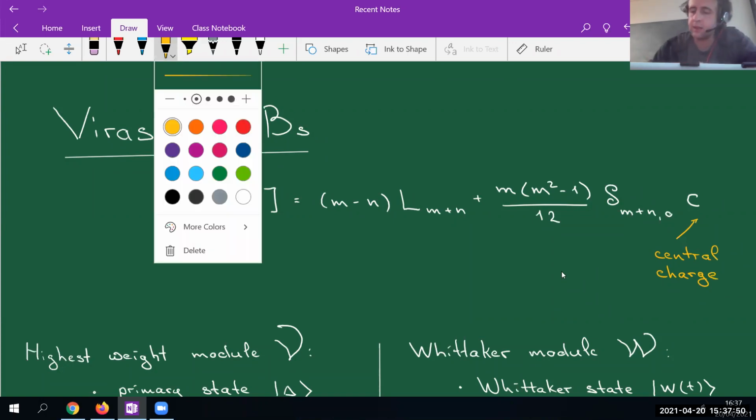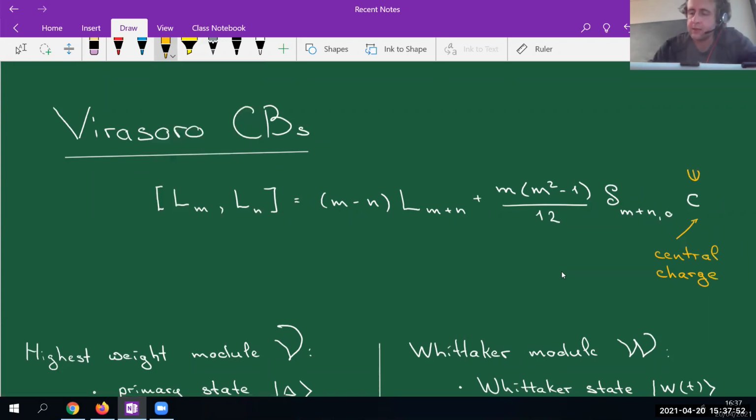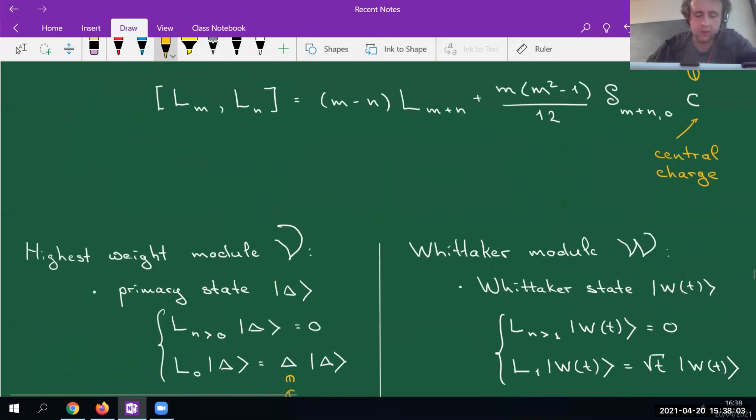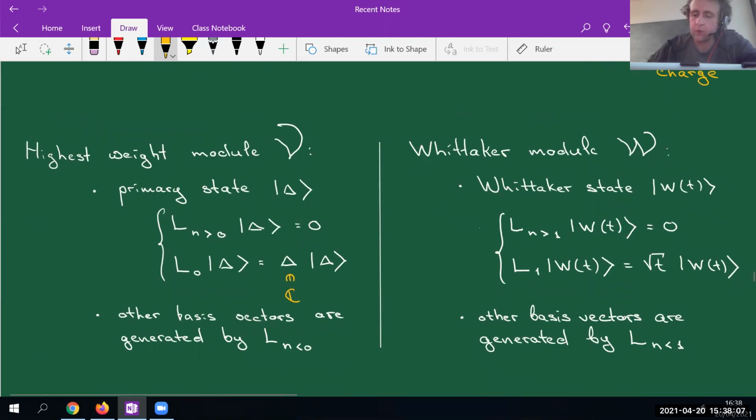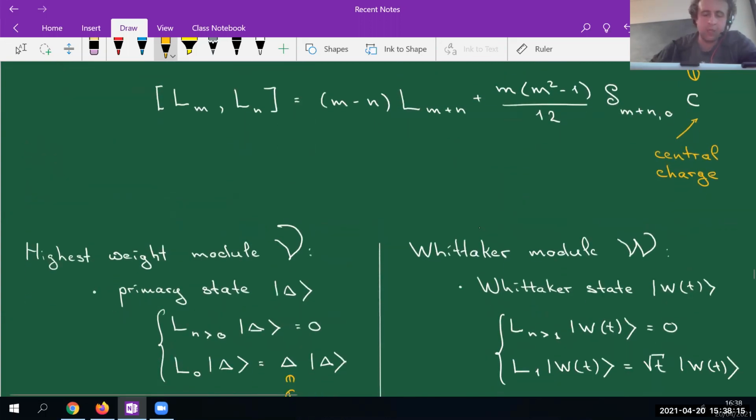And this algebra contains a central element, which for us will be just a number. So we treat this C, the central charge, as a complex number. And we will consider two types of representations of this algebra.